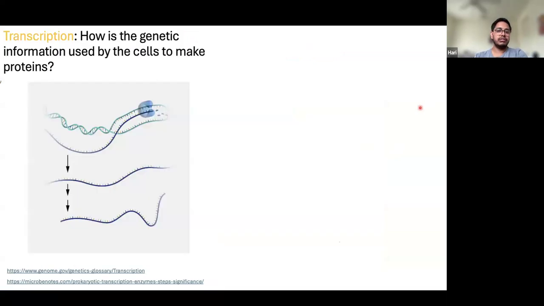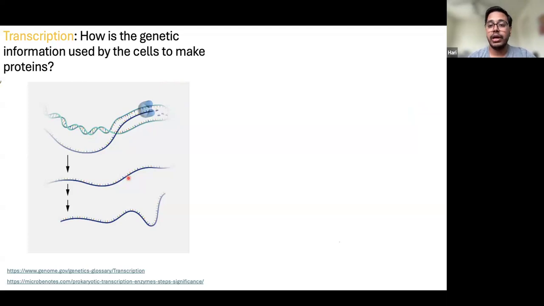So the next process is transcription. Now we know how DNA is being replicated in the cells. Now, how does the cell use this DNA to transfer information onto RNA that can let the cells know what proteins to make? This is a schematic showing how RNA can be synthesized using DNA as a template. But how do enzymes carry out these processes?